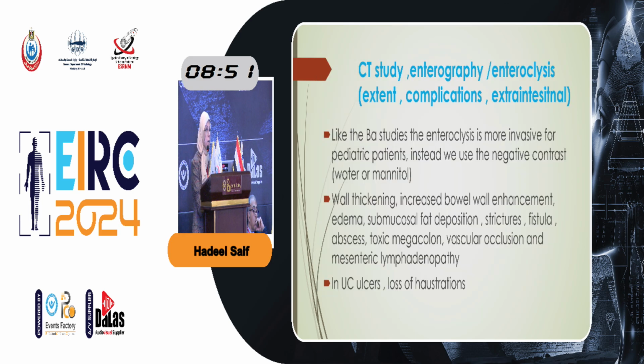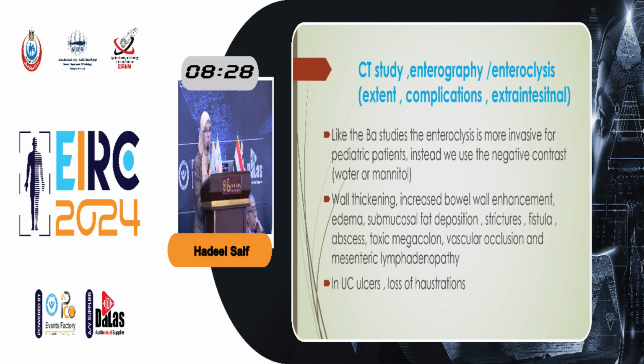The CT enterography is also a very important tool for diagnosis, but also depends upon the proper filling of the bowel, which is a very difficult thing to achieve in these children, because they always present with cachexia and bad feeding. So if you can do it, it would be very fine.